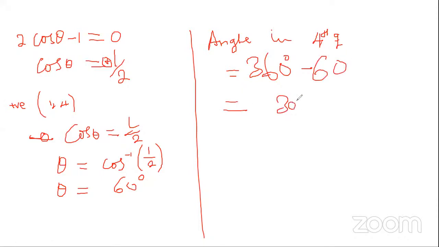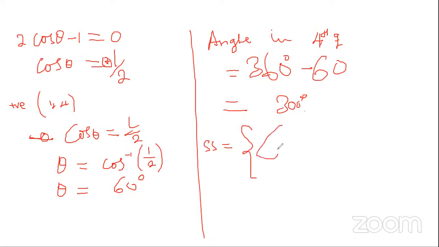So this would be 300 degrees. Okay. Then afterwards, we'll set our solution for the whole number. So begin with the smallest angle. So we had 60, we had 180, and then 300.